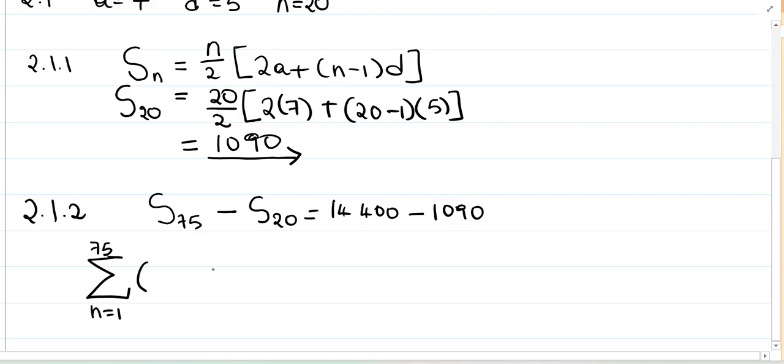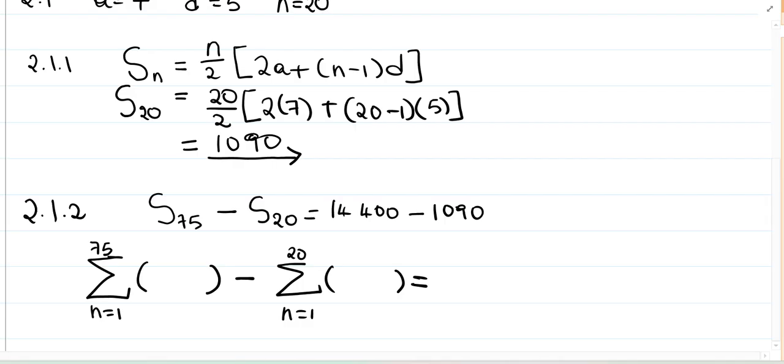Also, the sum of the first 20 terms starts at n equals 1 and ends at 20, and what comes in here is the general term. And then on the other side is going to be 14,400 minus 1090, which is 13,310. So now what is left for us to do is to calculate the general term.